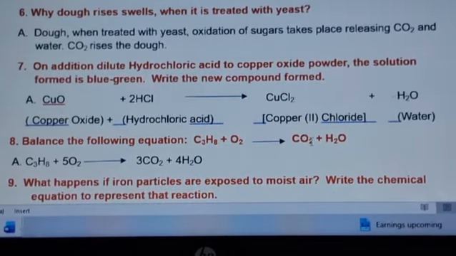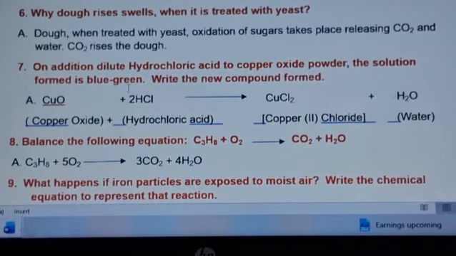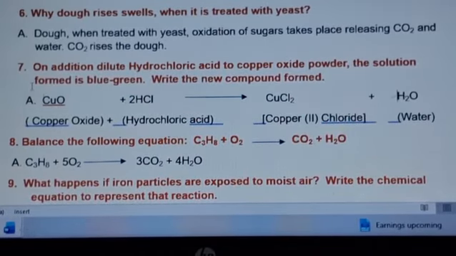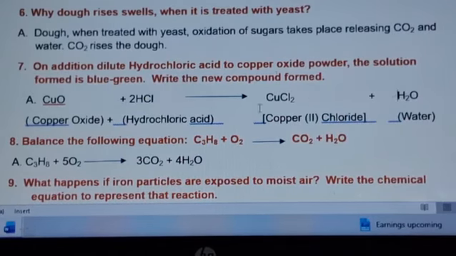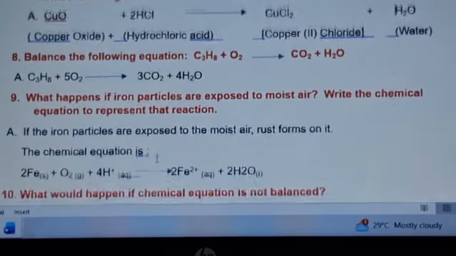So this is how we got a balanced equation. So on the addition of dilute hydrochloric acid to copper oxide, the solution formed is bluish-green in color. Write the new compound formed. This is the new compound that is formed. Copper chloride is the new compound that is formed.